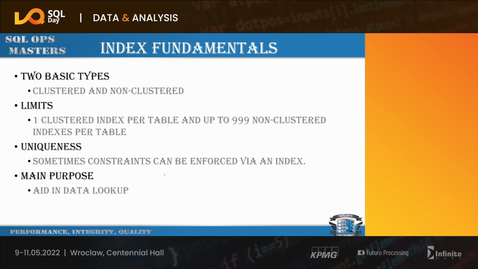Now, I mentioned primary keys because they create an index under the covers. So if you tell me you have a primary key, what kind of index do you have? Clustered. Let's say that's another trick question.